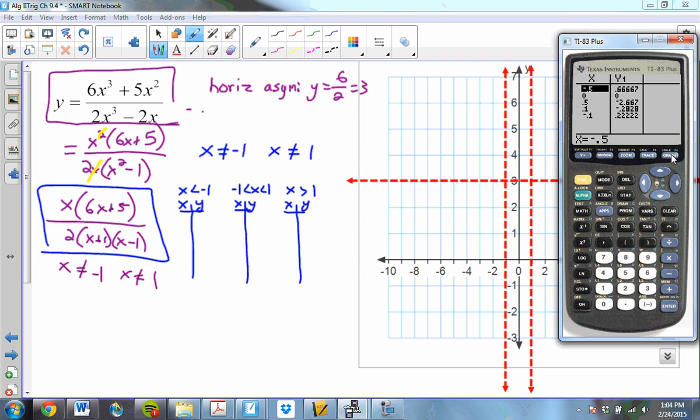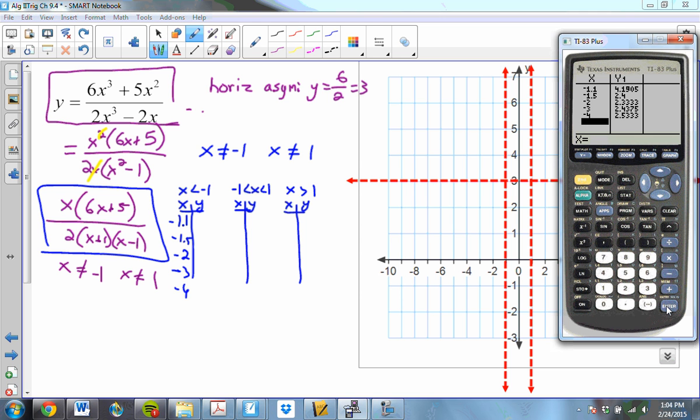I'm going to plug in numbers that are less than -1. The numbers that are less than -1 are like -1.1, -1.5, -2, -3, -4. Those look good.